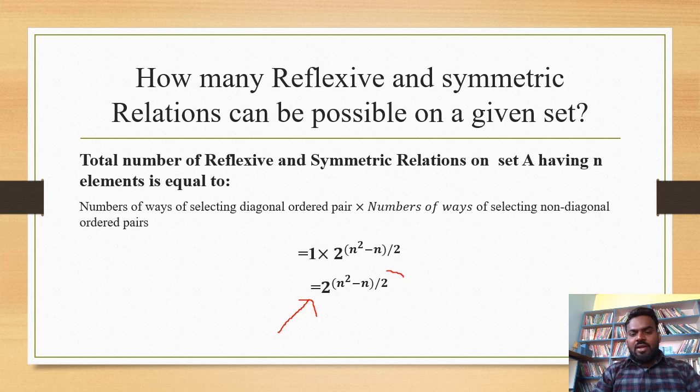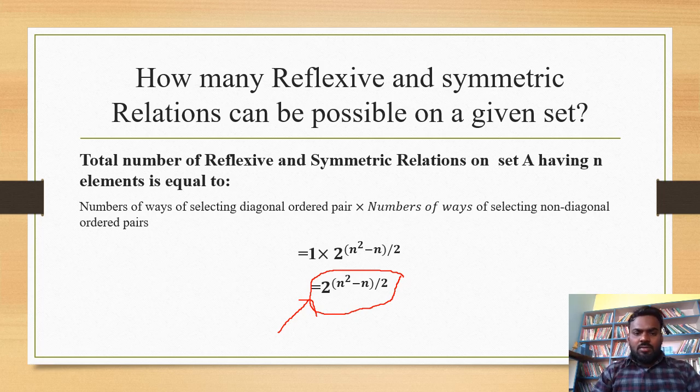Finally we get this formula, 2 power (n square minus n) by 2. So this is the way to find out how many reflexive and symmetric relations are possible.